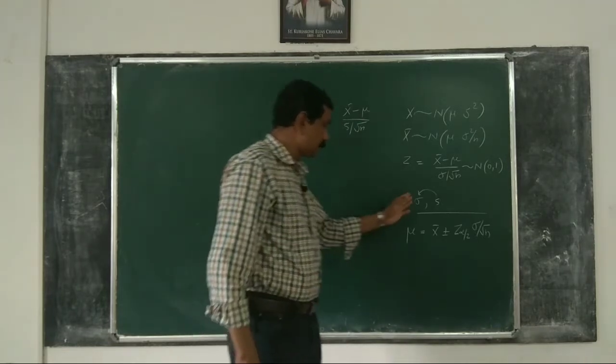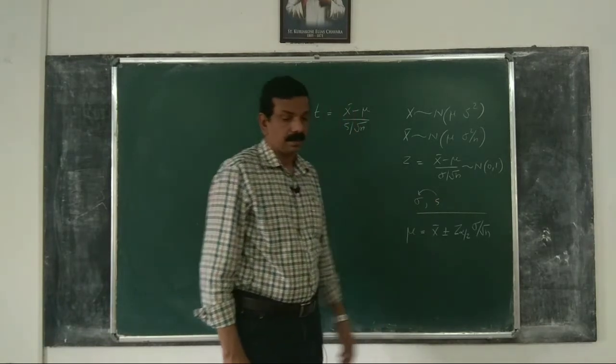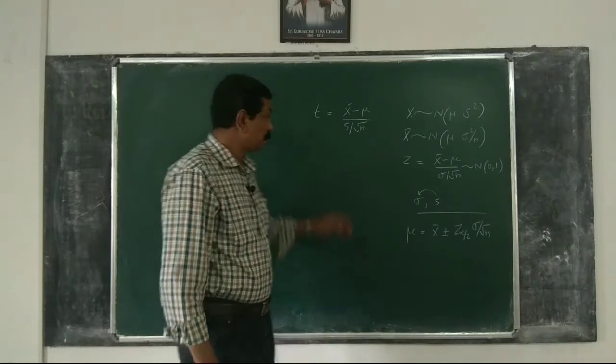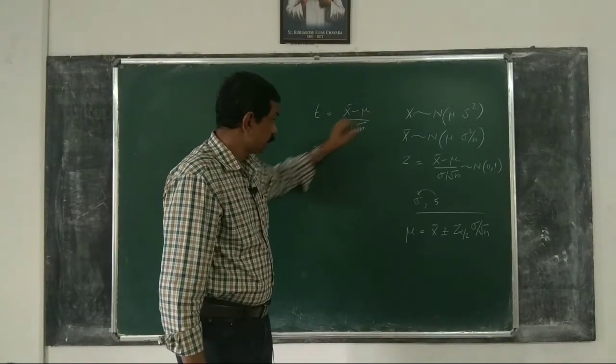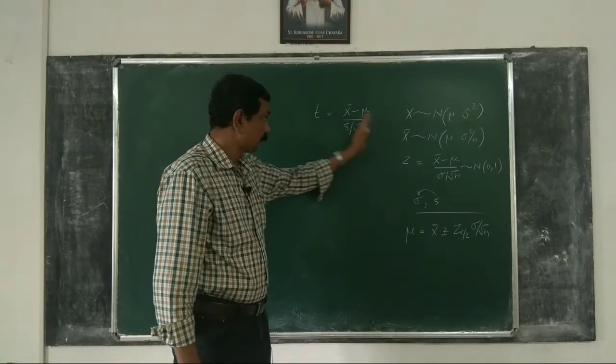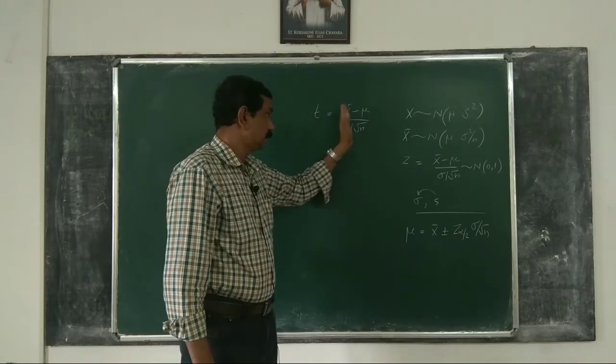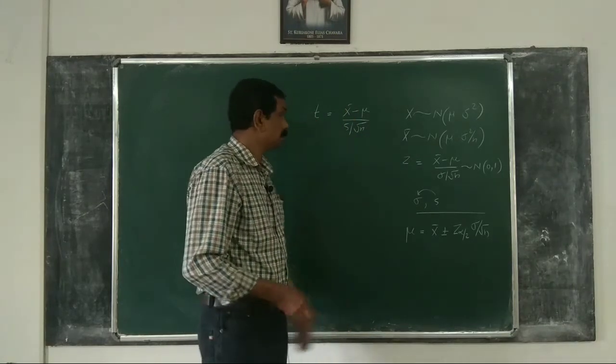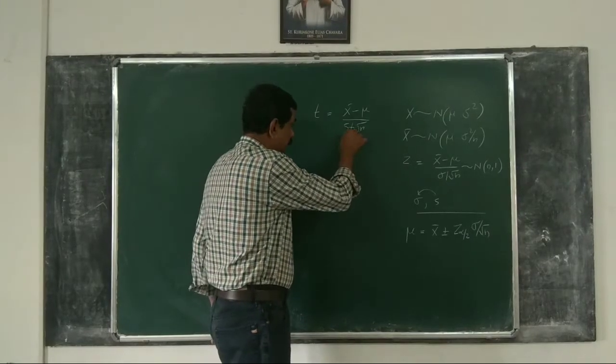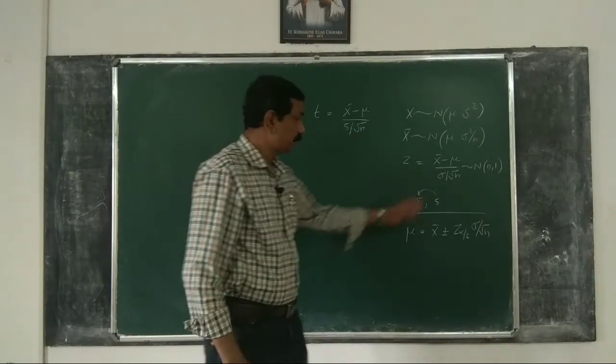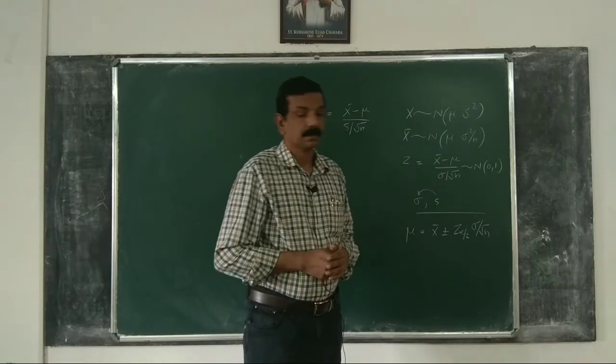So sigma is replaced by S and our confidence interval procedure is based on the resulting variable T, T is equal to x bar minus mu by S by root n instead of sigma by root n.